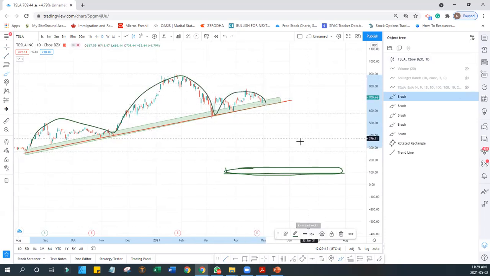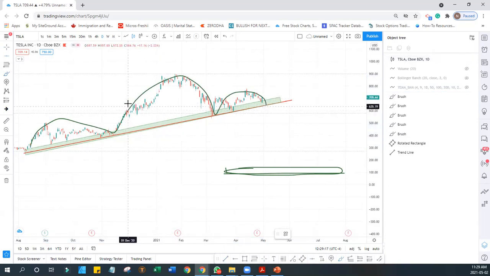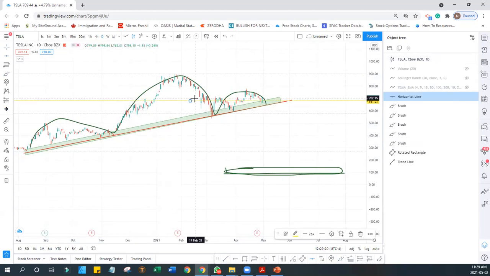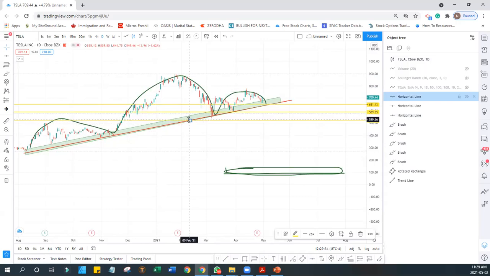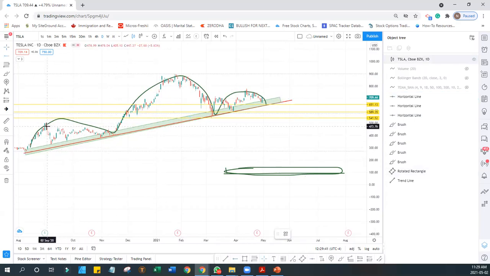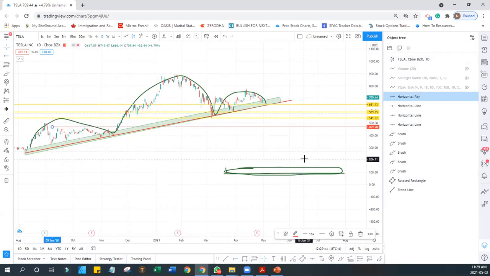So in case Tesla breaks this 650 level, you will see the 580, then here this area, 541, and after that the next stop will be 469. Those will be the levels for Tesla.